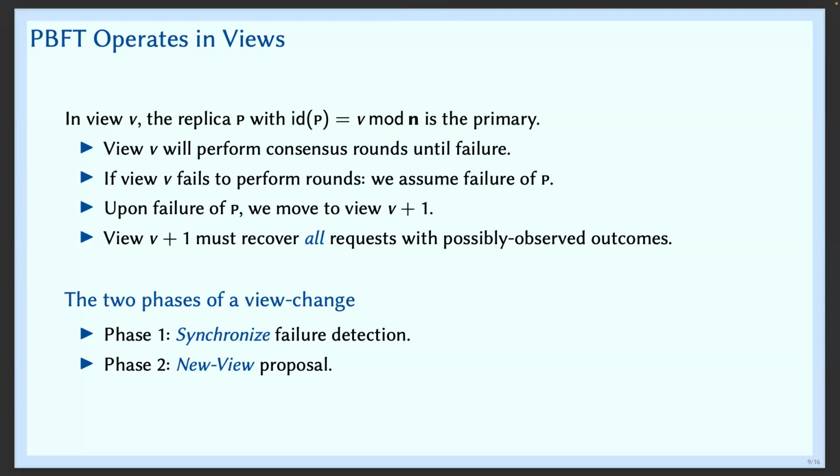First, you detect the failure and you do a view change. The first thing we do as part of the view change is synchronize: make sure enough people have detected failure, and also synchronize who the next primary, the next leader, is going to be. That's the first phase, the view synchronization.